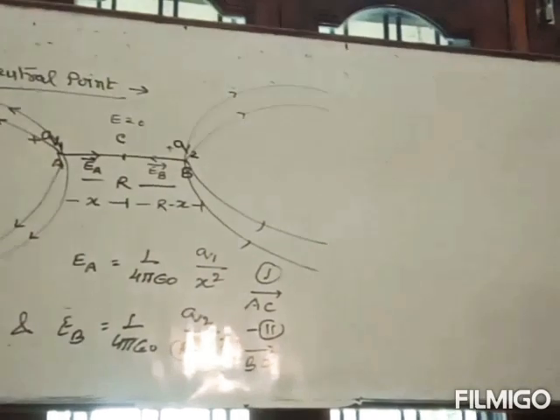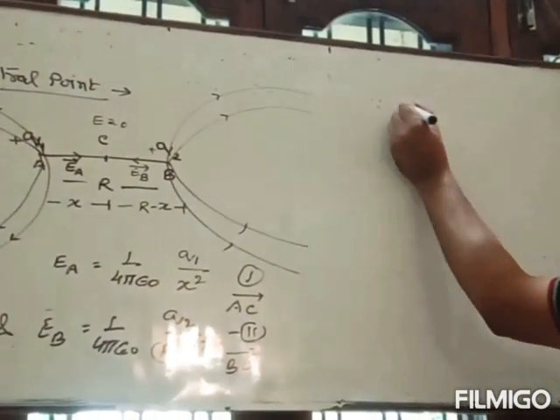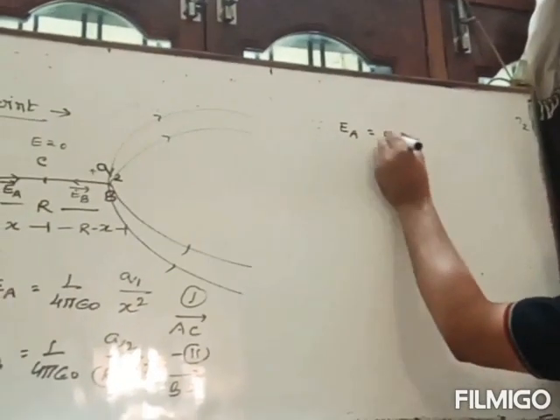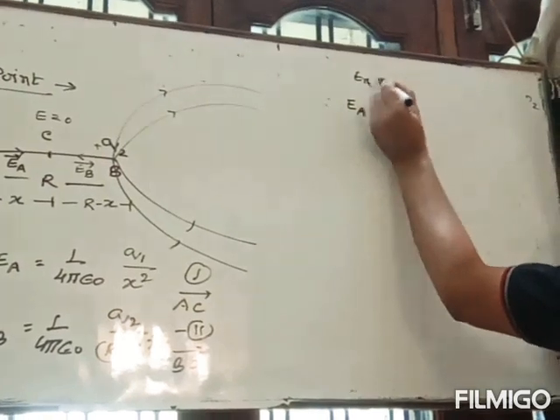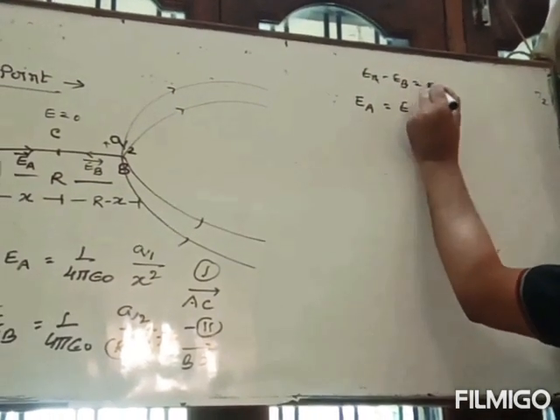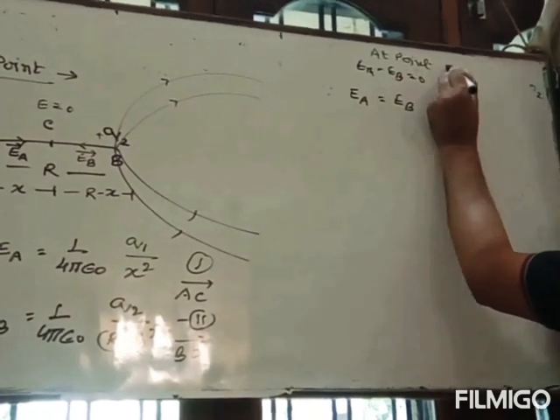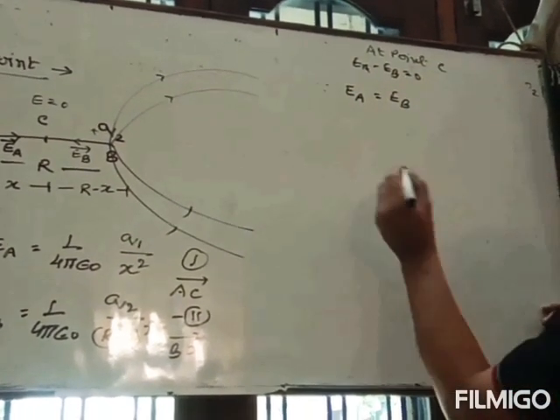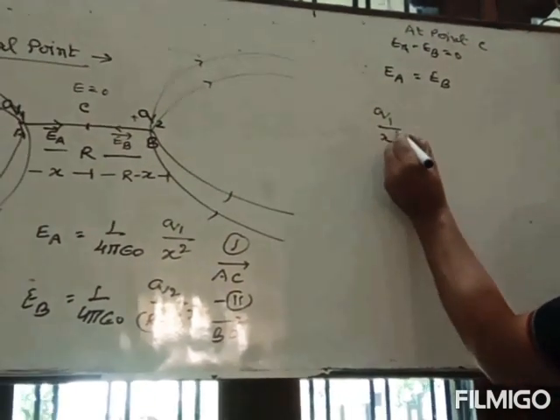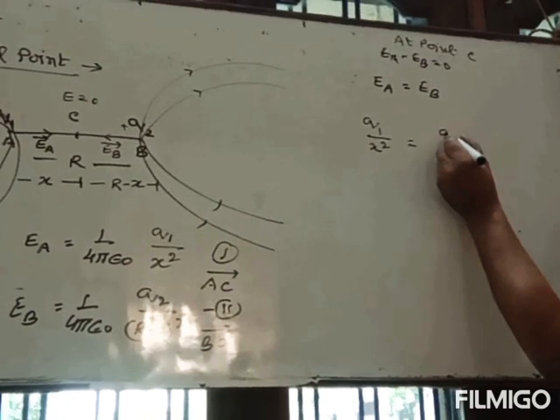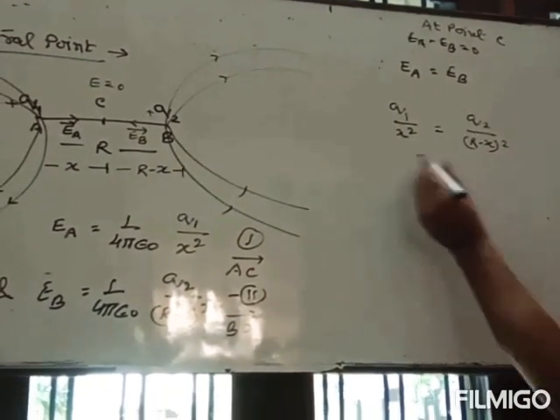Since their magnitudes are the same and directions are opposite, here EA is equal to EB. Or you may write EA minus EB is equal to 0 at point C. Put them, so you will get Q1 by X square is equal to Q2 by R minus X whole square.